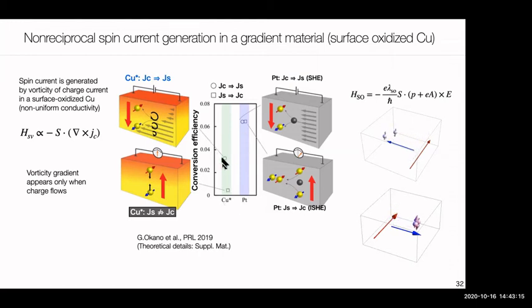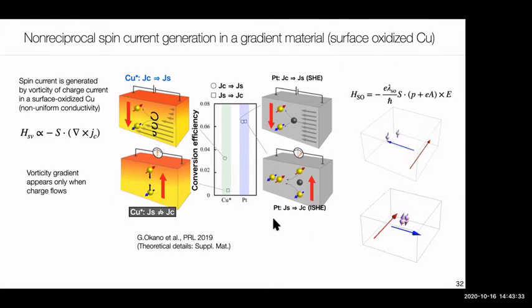This result shows a big difference between the conversion efficiency from the charge current to the spin current, indicated at this point, and the conversion efficiency from the spin current to the charge current, at this point.